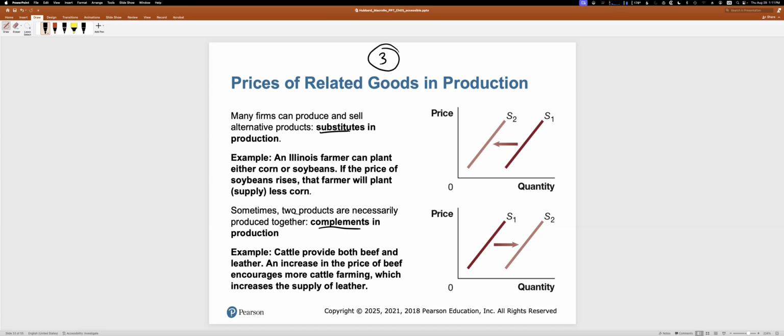Now, the same kind of relationship exists as it did for consumption. The firm is going to look at what the prices are for the various things they could produce and then make a decision based on those various prices. So let's do substitutes in production. Let's say these are substitutes and the price of corn goes up. Then of course they would want to make more corn.